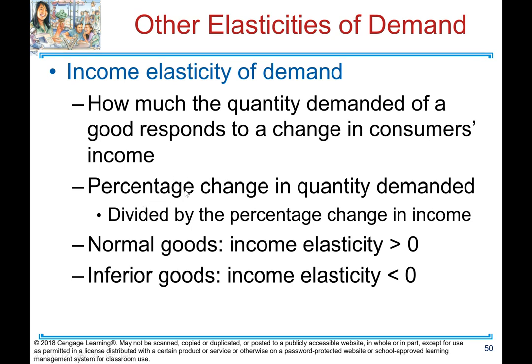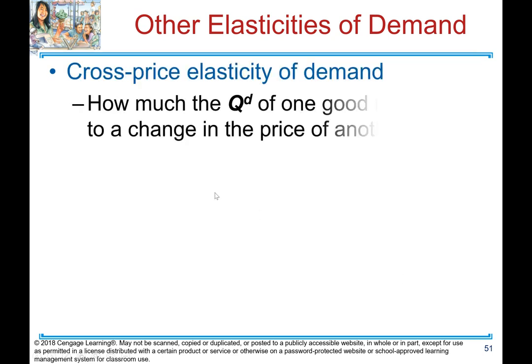The formula is percentage change in quantity demanded divided by the percentage change in income. For a normal good, the income elasticity coefficient will be a number that is positive, a number greater than 0. For an inferior good, income elasticity will be a number that is negative, a number that is less than 0.